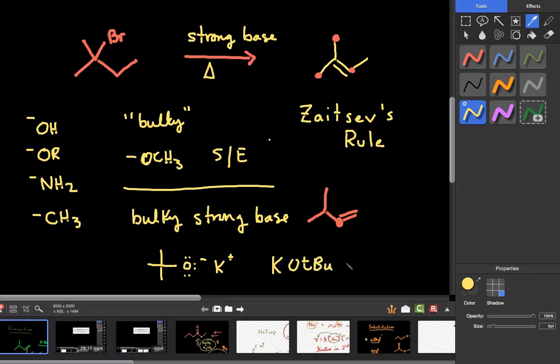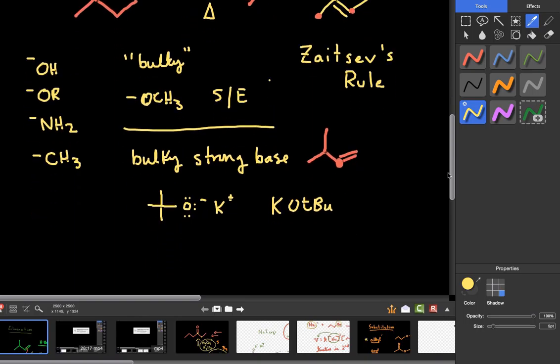This is one example of a bulky base. Another example of a bulky base is known as LDA. That stands for lithium diisopropyl amide. The idea with these bulky bases is they're too big to perform nucleophilic attack. They're also known as non-nucleophilic bases.